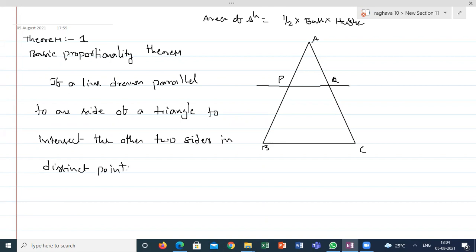From the statement we can grab the given data; some clue will be there to start the proof of the theorem. Distinct points, then the other two sides are divided in the same ratio.